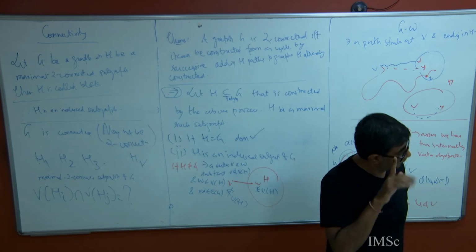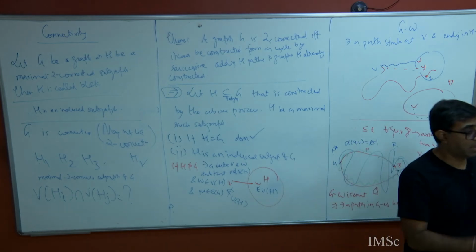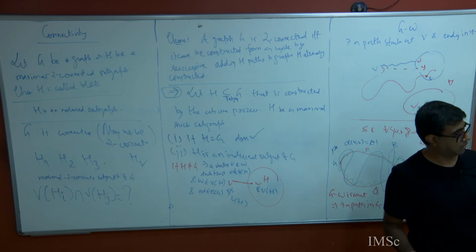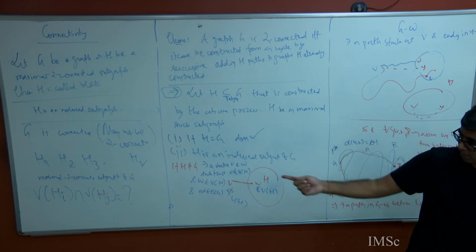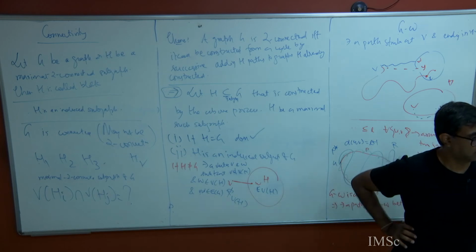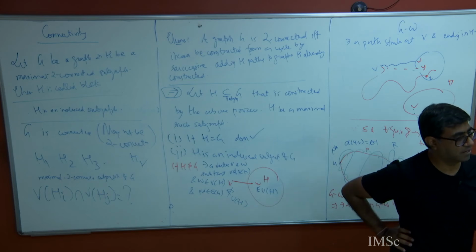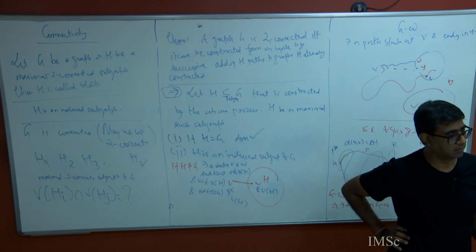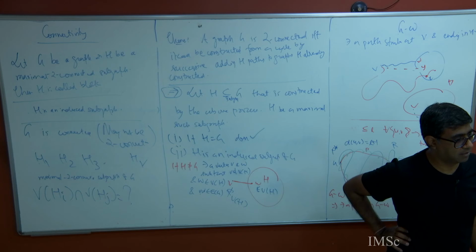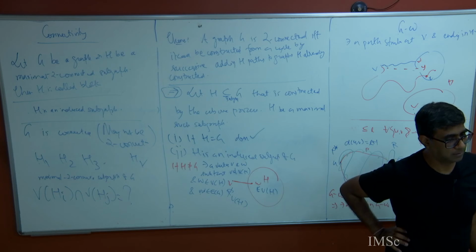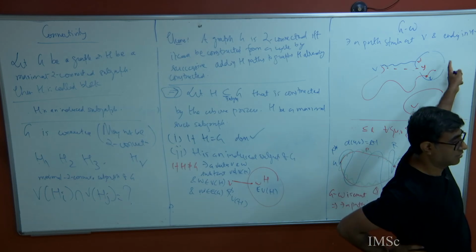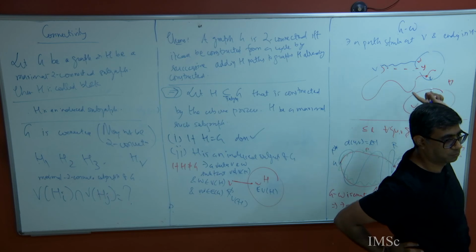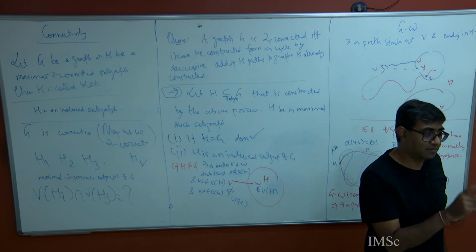But suppose the graph is connected, it may not be two connected. And if the graph G I started with is two connected, then how many maximal objects will we get? Exactly one, because of this proof. Okay.